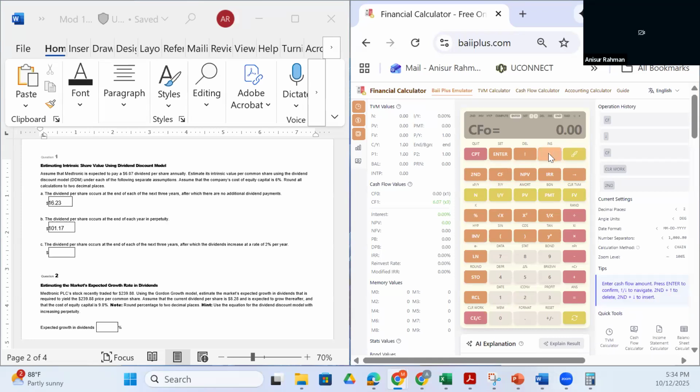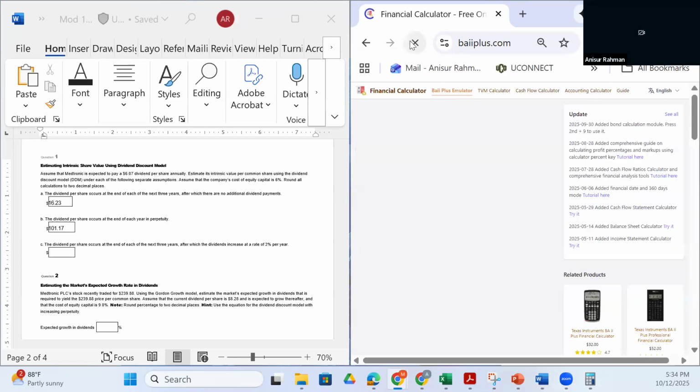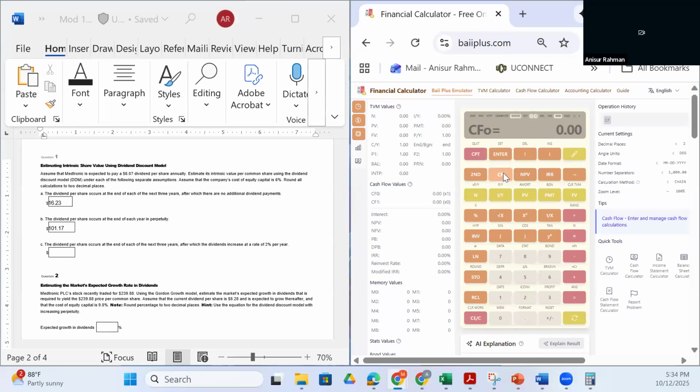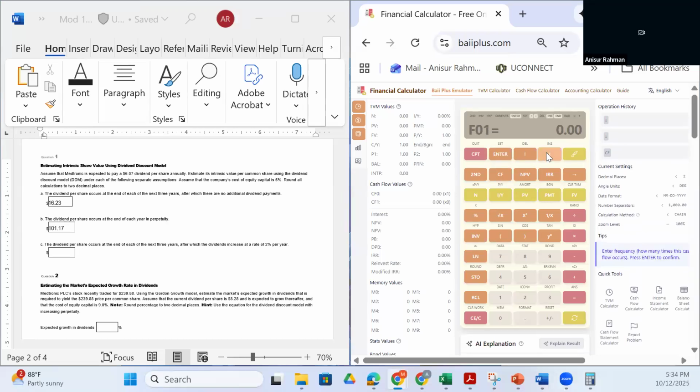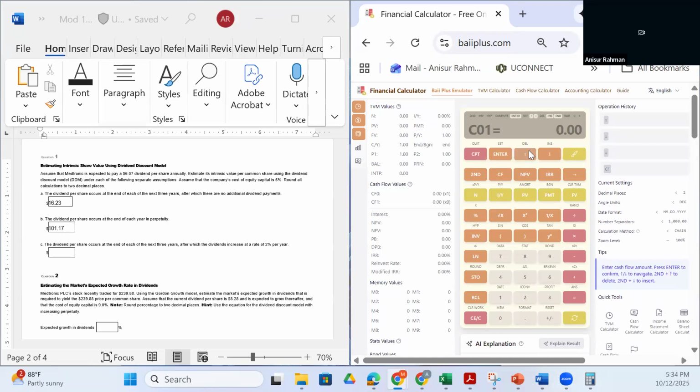Then we'll press down to go to our CF0 and press down. It should be C01 first. Let me refresh this. It's not working. Now it is working correctly.